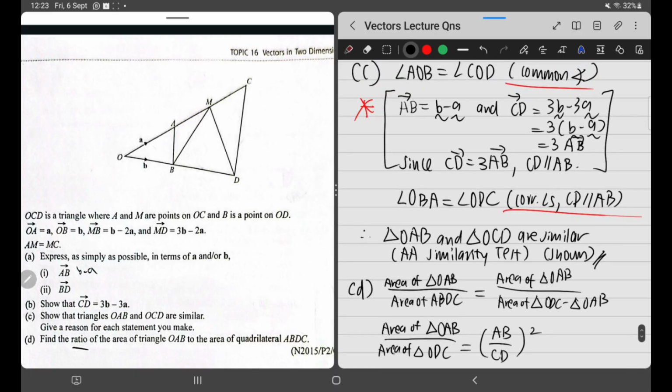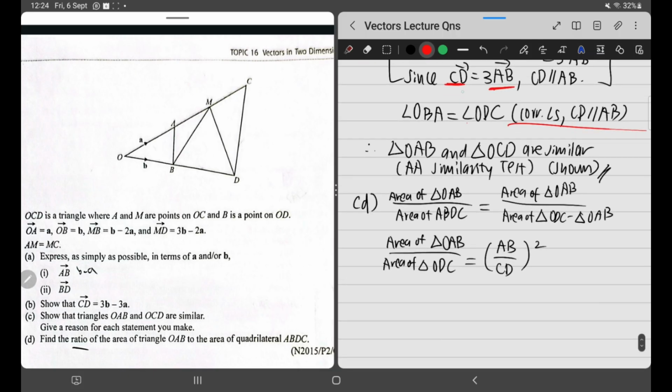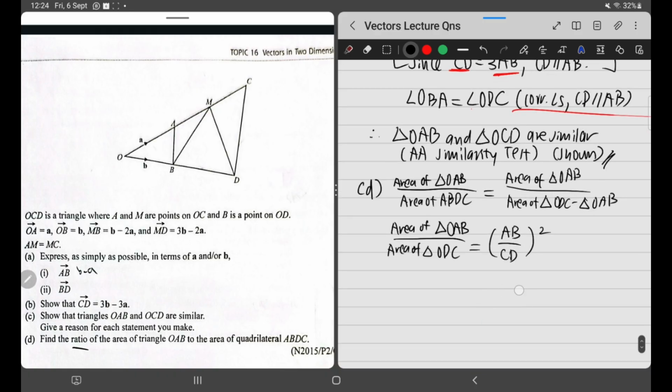So we know that CD is 3 times AB. Therefore, over here, the fraction should be 1/3 squared, gives us 1/9.